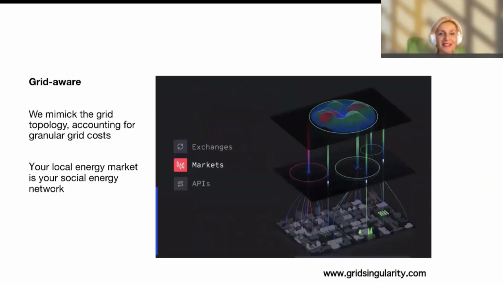We'll come to that next. Your community, your local energy market is your social energy network, because you are trading locally, you are trading with your friends, you're trading with the organizations that you wish to support, and you have a new social network.